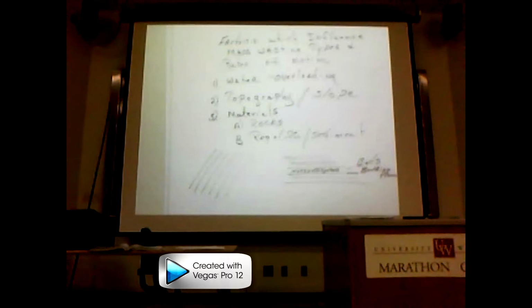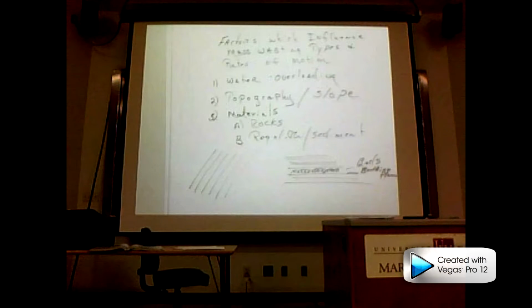So rocks generally are pretty stable unless you have sedimentary rocks that have been displaced from the horizontal. Regolith or sediment, soils, and debris lying on top of bedrock generally is prone to movement. So, the materials.